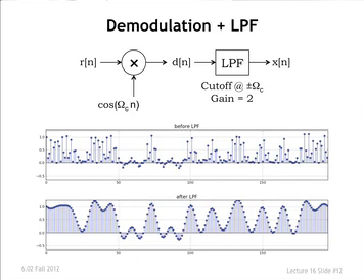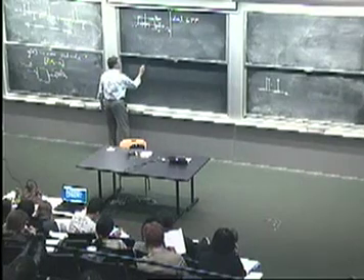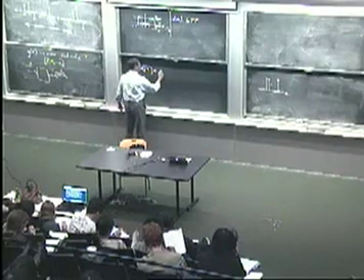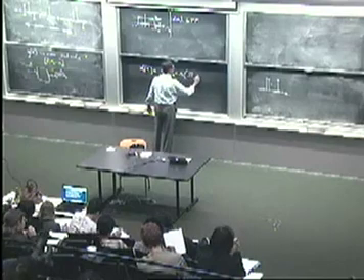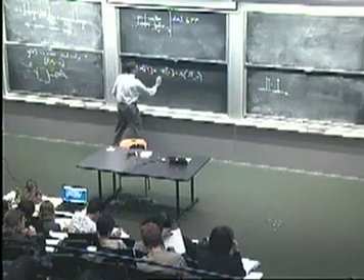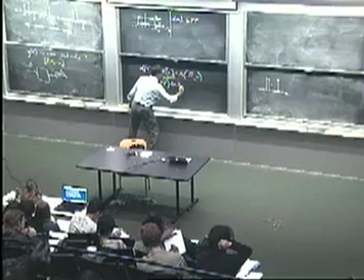Simple enough? Okay. Now, there are some problems that you can run into, and doing all of this in the lab, you actually see that very quickly. Let me actually put this on the board here. What we said is that our demodulated signal is going to be our received signal times cosine omega Cn, right? And if we assume no distortion in the channel, this is x[n] cosine omega Cn.